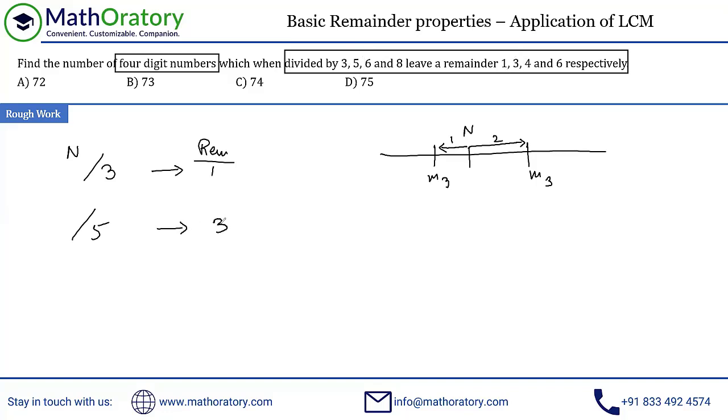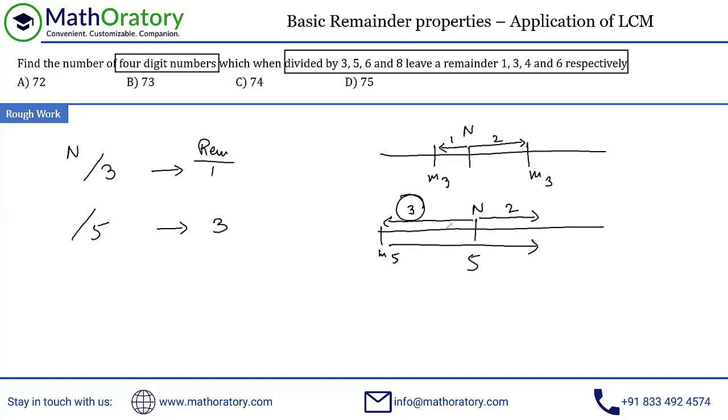So again, if I take the number here, if I go 3 steps back, the number should be a multiple of 5, whatever number we get. If I go 2 steps forward, I'm just trying to make this difference as 5. So there is 3 here, so there should be 2 more, right? So if I go 2 steps forward, I should again have a multiple of 5, right?